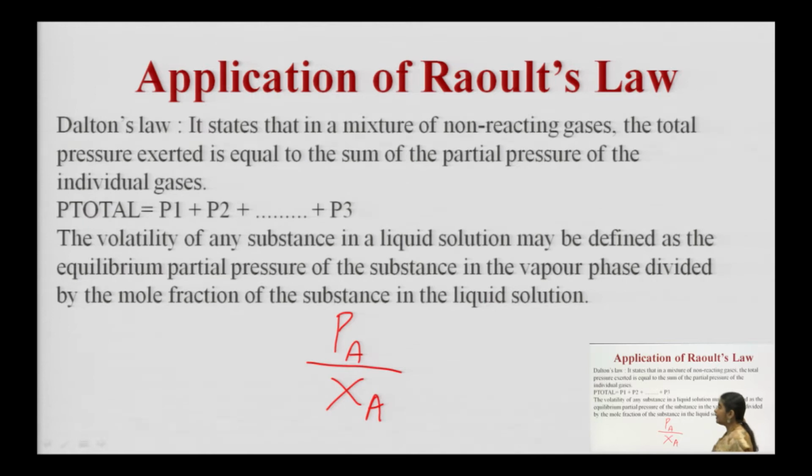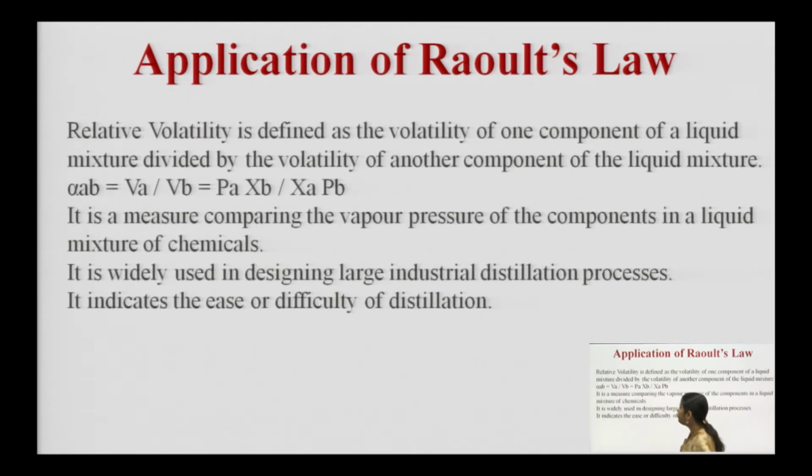Then what do we understand by relative volatility? Relative volatility shows the volatility of A divided by the volatility of B. That means we can write it in terms of mole fraction and partial pressure.